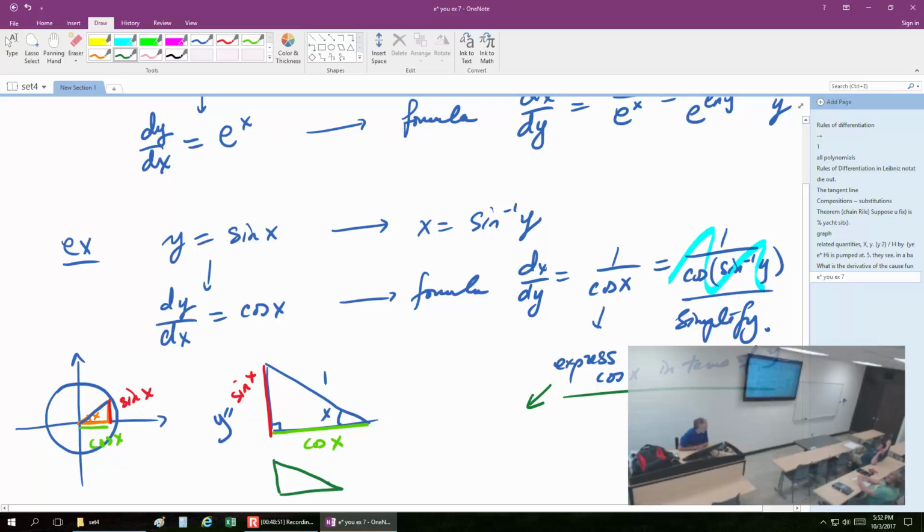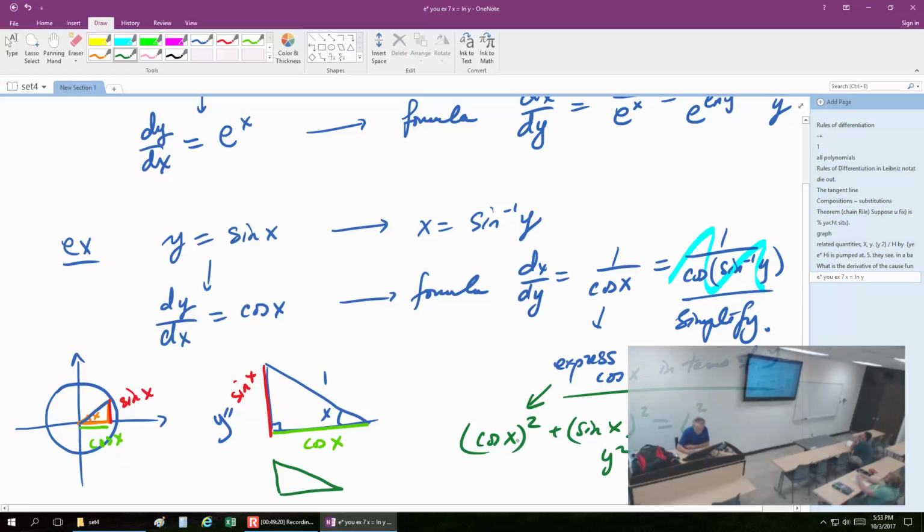So you have a right triangle. The square of one plus the square of the other is equal to the square of the third. So what we have here is cosine x squared plus sine x squared is equal to 1 squared. And then what we see here is that this is y squared.